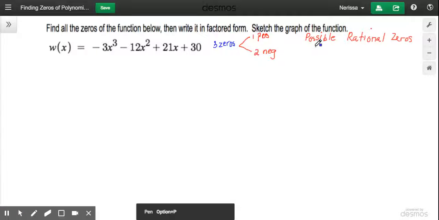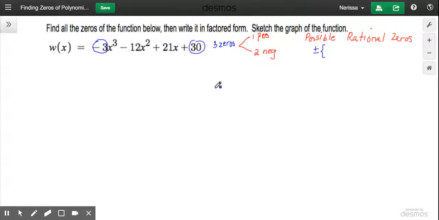We are going to consider positive and negative of some numbers. Now to determine this list, we are going to need the constant term and the leading coefficient.